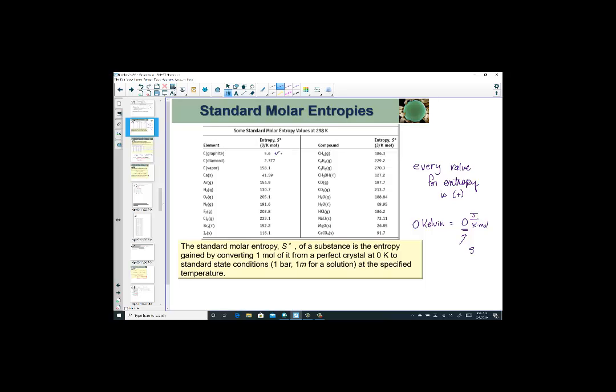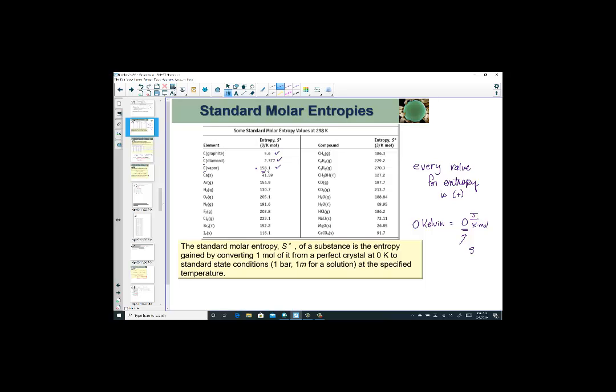Notice here the graphite, the diamond, and the vapor form of carbon, the elemental form of carbon. Now we know that graphite is a more chaotic system than a diamond, which is more regularly held in fixed positions. And look here, when it goes into the gaseous form, how quickly the entropy value rises.